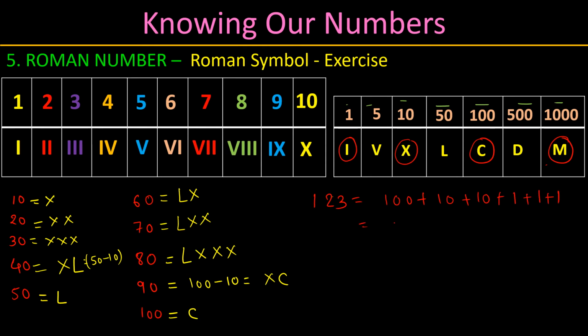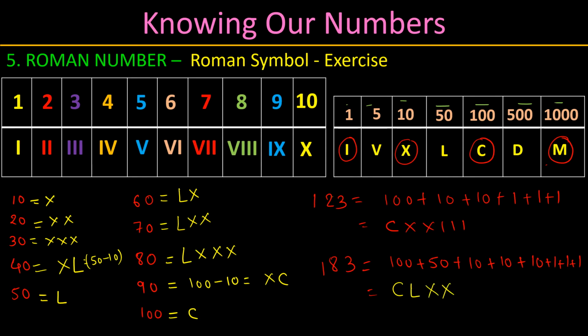It's simply CXXIII. Now 183. 100 plus 50 is 150, plus 10 is 160, 170, 180, plus 1 plus 1 plus 1. Let's write. This is C, L is 50, X X X, 3 times allowed, 1 1 1, 3 times allowed. 183. So this is how we need to write.